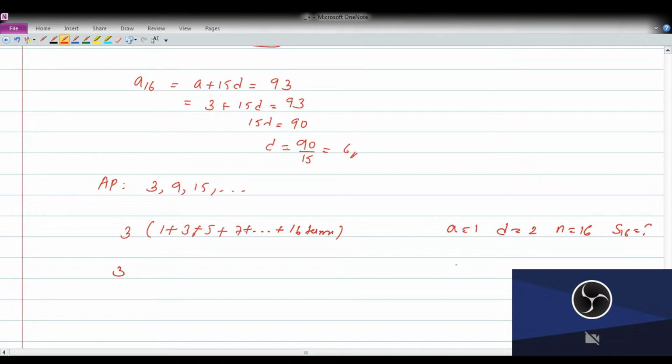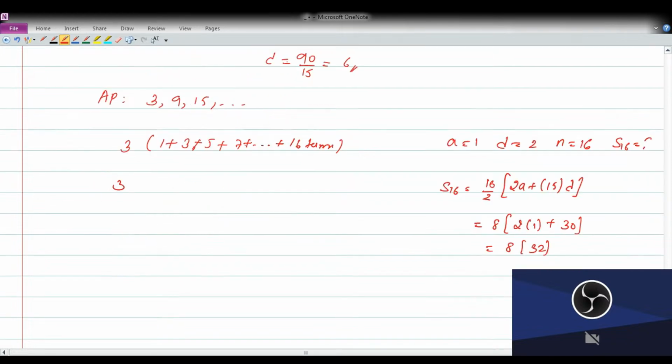So what is s16 here? S16 is equal to 16 by 2 into 2a plus 15 into d. So that is 8 into 2 into 1 plus 15 into 2, that is 30. So that becomes 8 into 32. 8 into 32 is how much? 8 twos are 16, 1 carry, 8 threes are 24, 24 plus 1, 25.